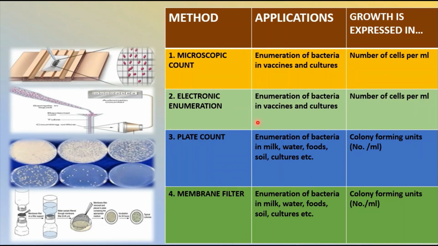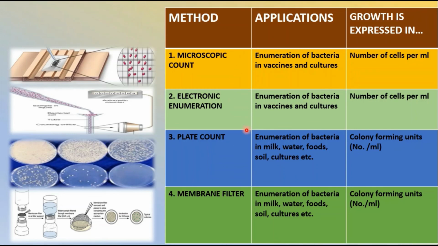For example, a microscopic count of a culture in the stationary phase would include all cells, isn't it? So dead cells, all the cells, viable and non-viable, would be present, whereas the colony count would reveal only the viable population.